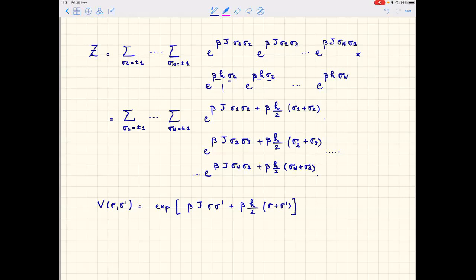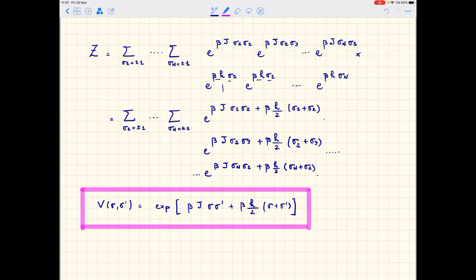So you see that if I use this definition, this object here is, for example, V of sigma 1, sigma 2.